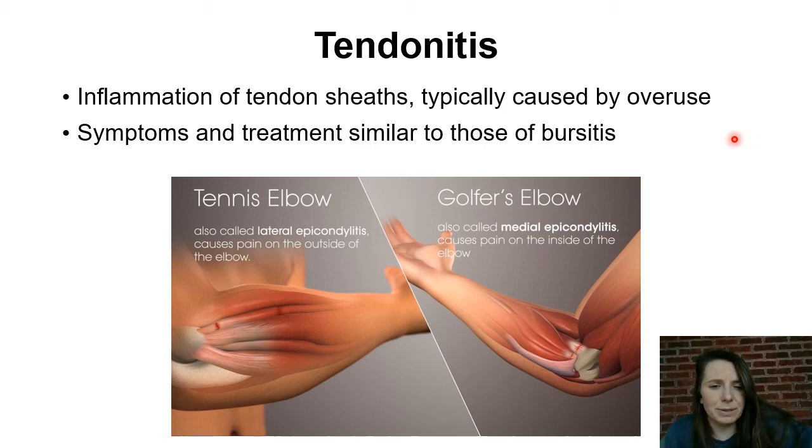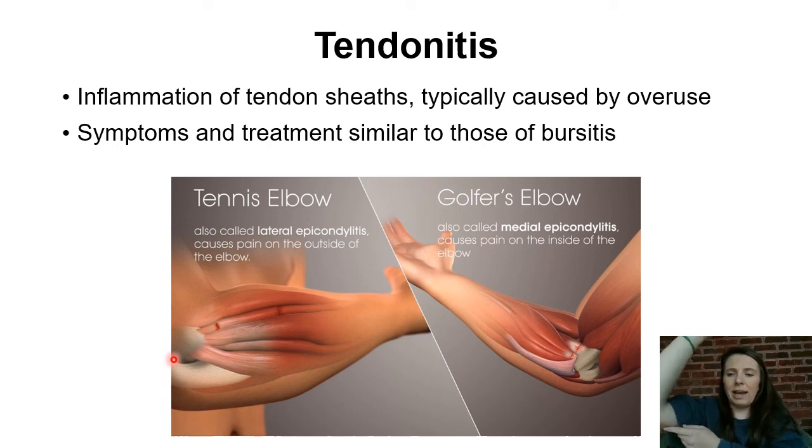So for example, tennis elbow is also called lateral epicondylitis because the pain is actually going to be associated with the outside of the elbow. So tennis elbow is happening out here on the outside of the elbow. And then golfer's elbow is called medial epicondylitis.